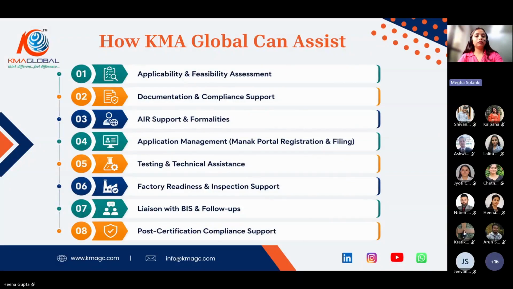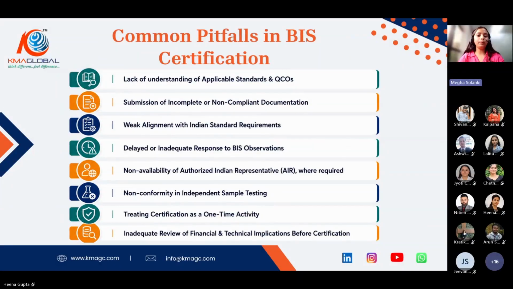Now, we will discuss the common pitfalls in BIS certification that we observe. Lack of understanding of the applicable Indian standard and the QCO, submission of incomplete or non-compliant documentation.